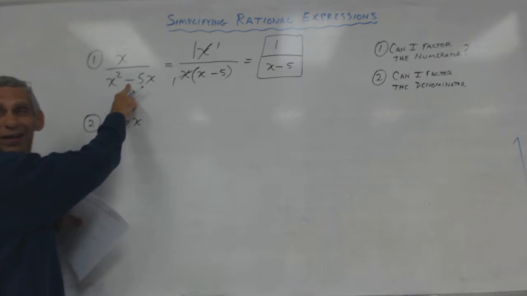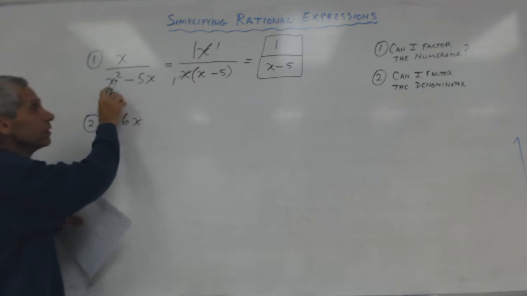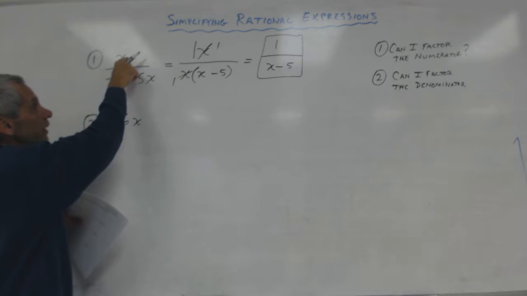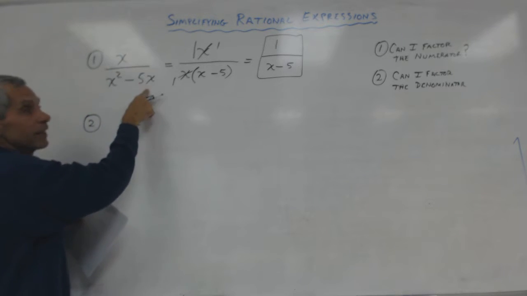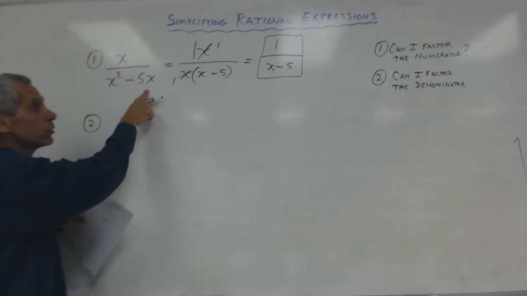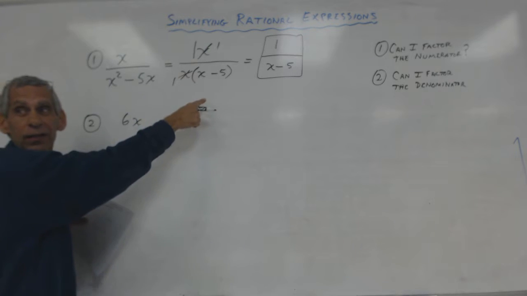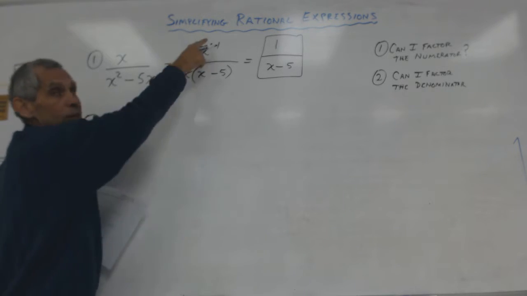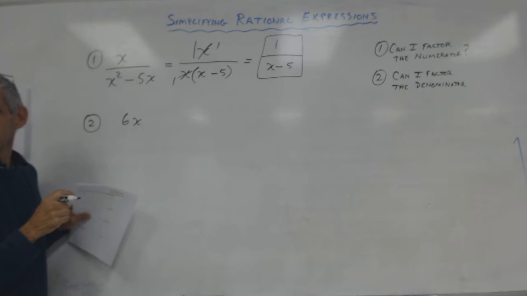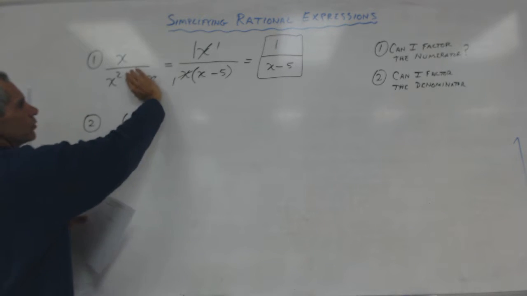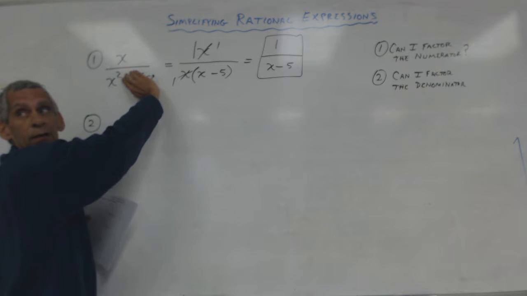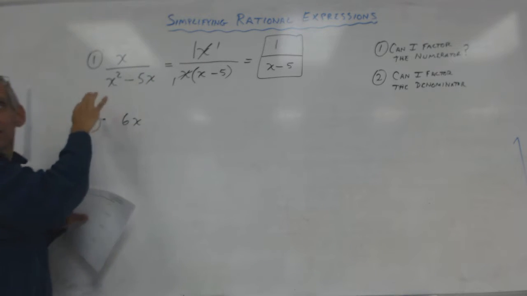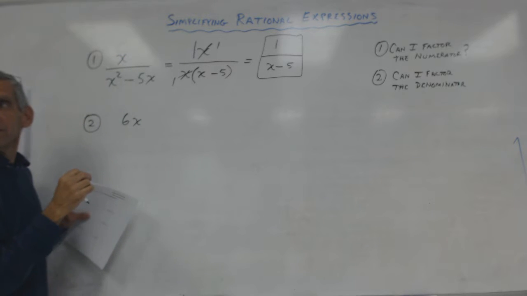As soon as you have that minus sign or a plus sign connecting two different things, in order to take an x out of this, I'd also have to take an x out of this. So it's really easier to just factor it, and then you're taking the x out of both of them, and then you can cross there. Does that make sense? If it was just that, you would be right.